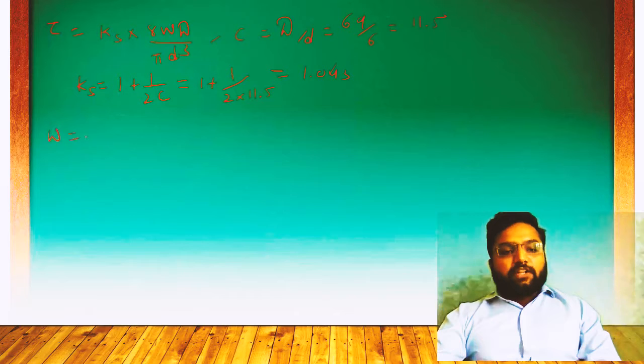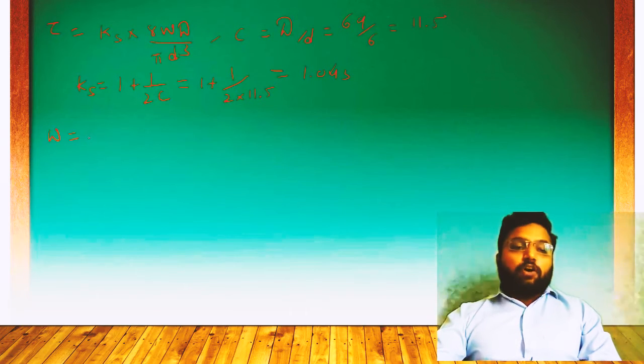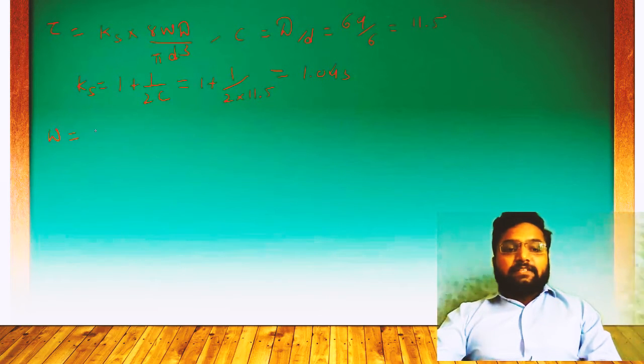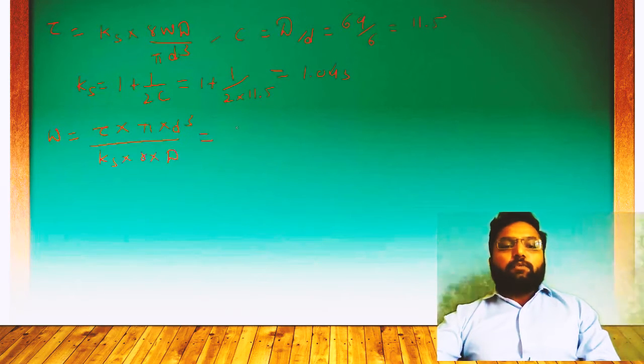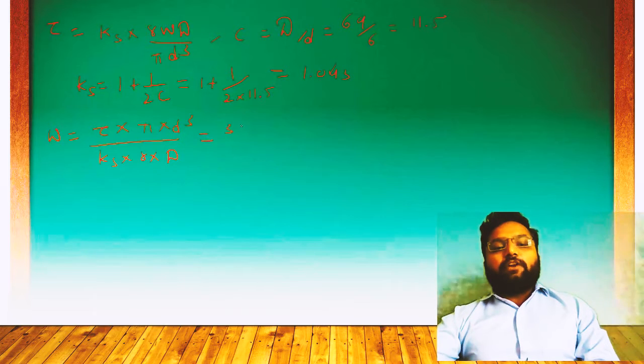So W, which is the load, by the first equation, is shear stress into pi into small d cube divided by Ks into 8 into capital D. Let's put in the values. We are putting all values in mm.